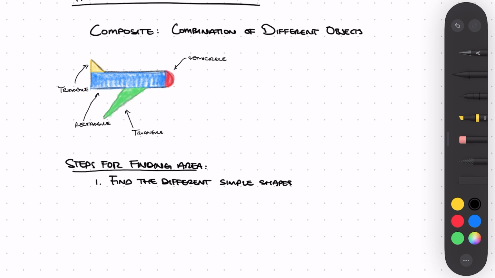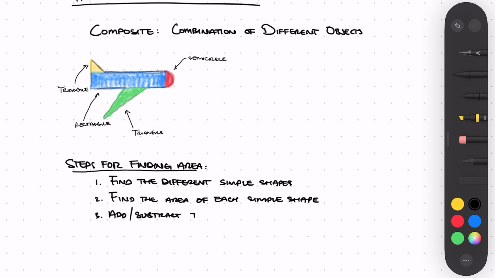In this case, we've got two triangles, a rectangle, and a semicircle. Step 2, find the area of each simple shape. And finally, step 3, add or subtract the areas.